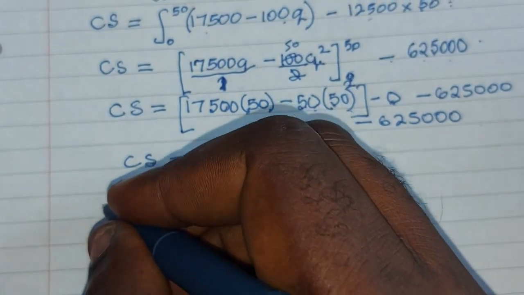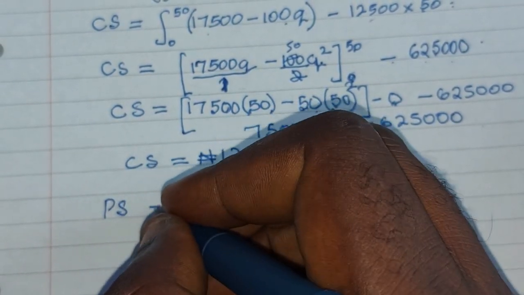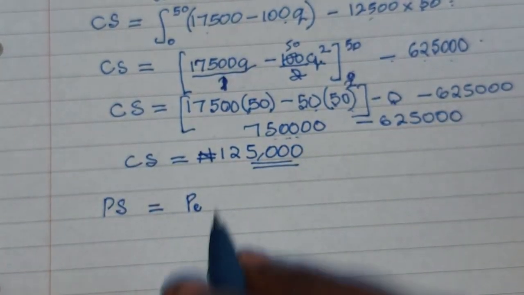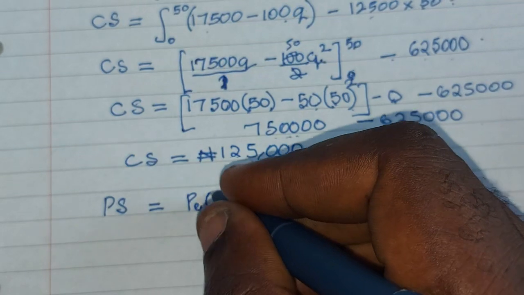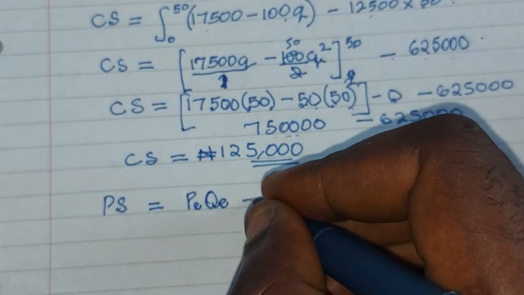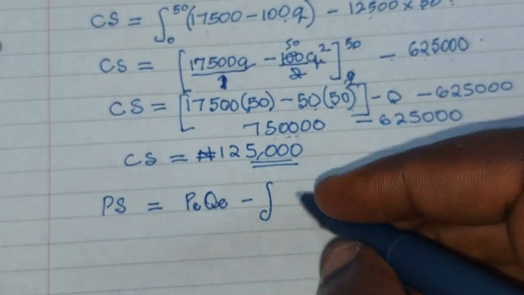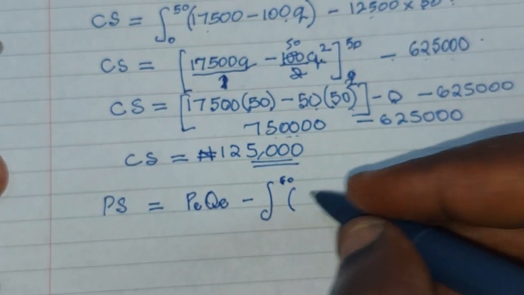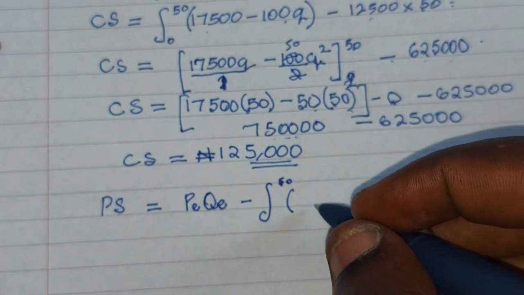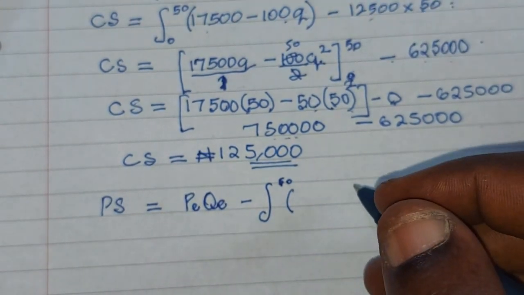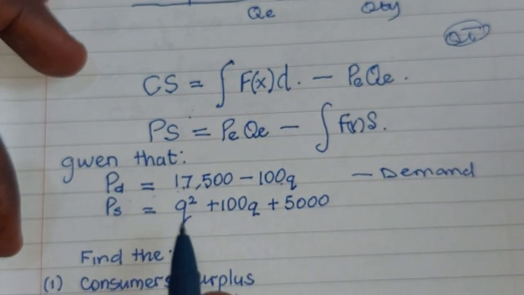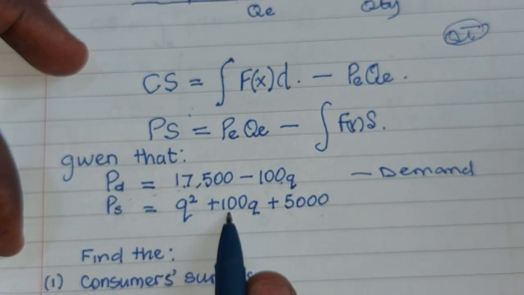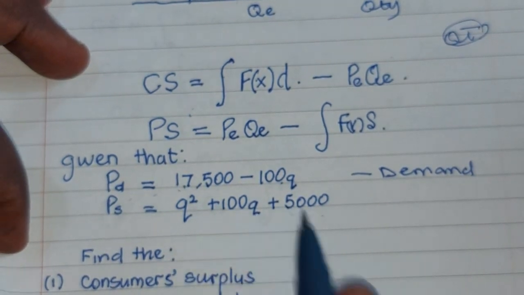Now our producer surplus is nothing but the equilibrium price multiplied by the equilibrium quantity minus the integration of the supply function. Don't forget, what's our supply function? This is our function of Q squared: Q squared plus 100Q plus 5,000.